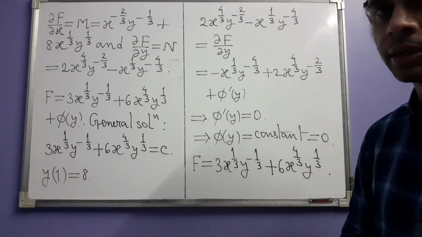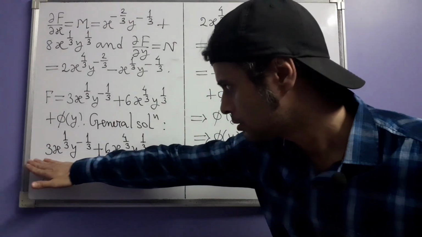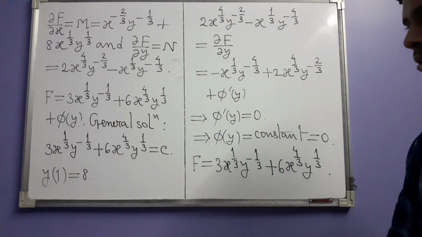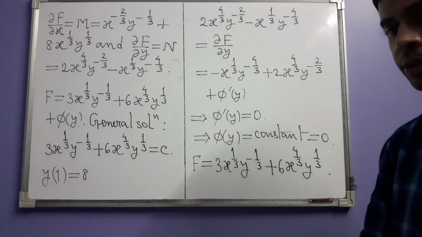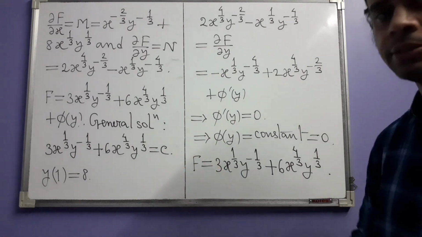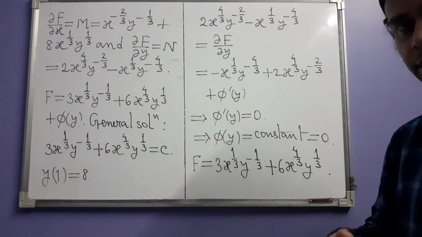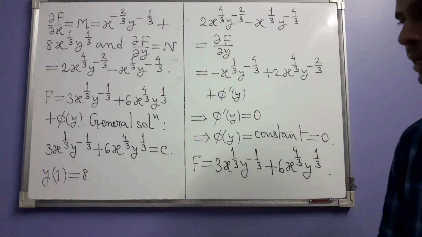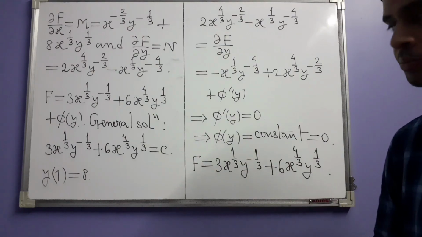This time we write an arbitrary constant. That means this expression is equal to that arbitrary constant. Now this is the general solution or a one parameter family of solutions, because you can change this constant and get different solutions. There are infinitely many solutions here, as many as there are real numbers.